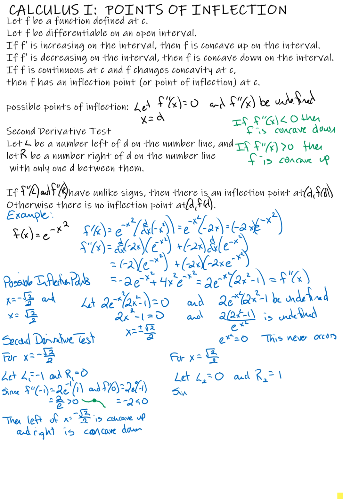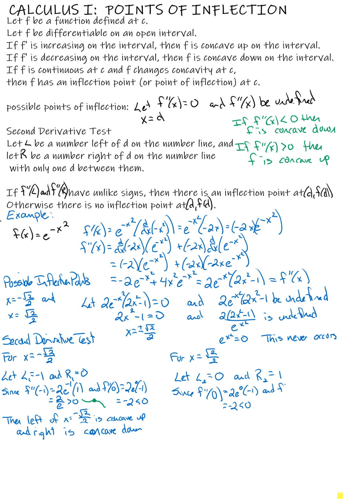Since the second derivative at 0, we did this one already, is 2e to the 0 times negative 1, which is negative 2.